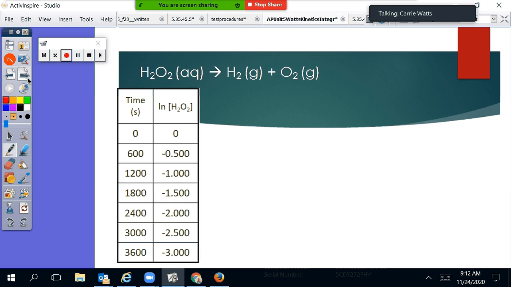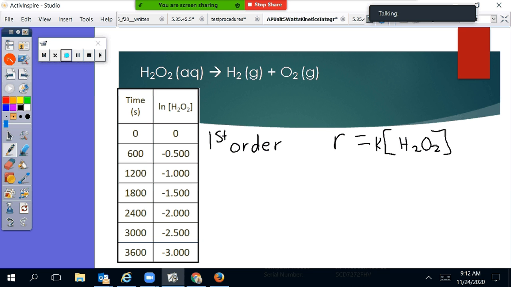So this is my data. I know it's first order. If I write the reaction for a first order, it's going to be R equals K times H2O2 raised to the first power.